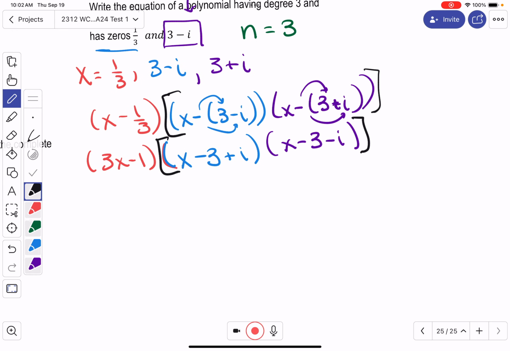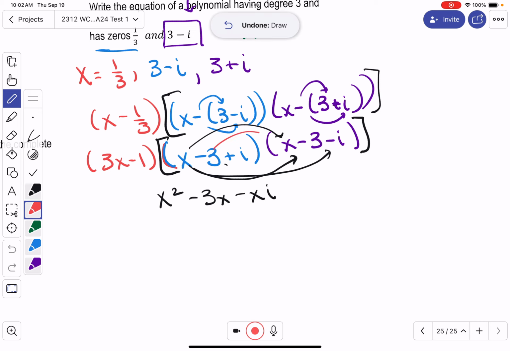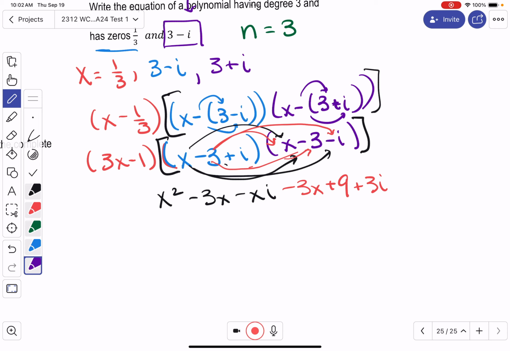When I do that, I get x times x, x squared. x times -3, -3x. x times i, negative xi. -3 times x, -3x. -3 times -3, positive 9. -3 times i, positive 3i. i times x, positive xi. i times -3, negative 3i. Positive i times negative i is a negative i squared.